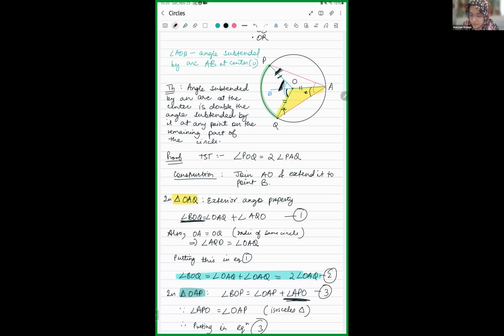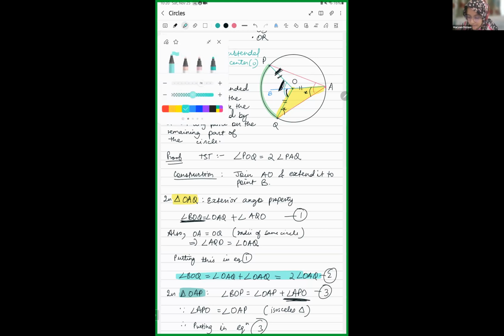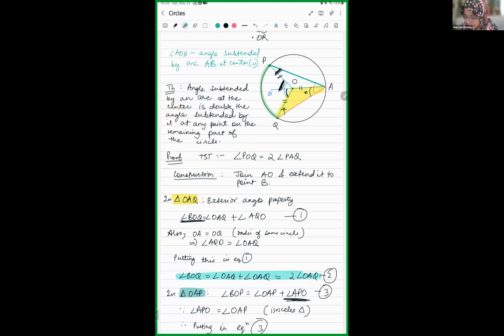Let me tell you which two angles I am talking about once again. I am talking about this blue line and this blue line.